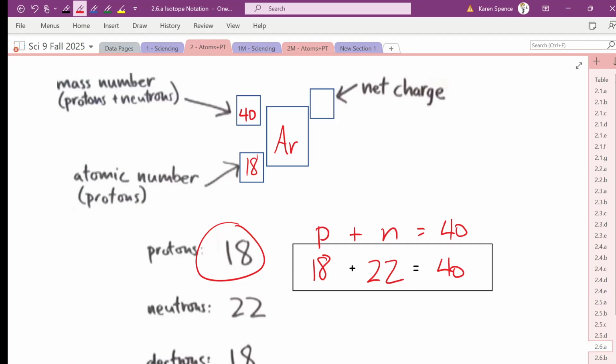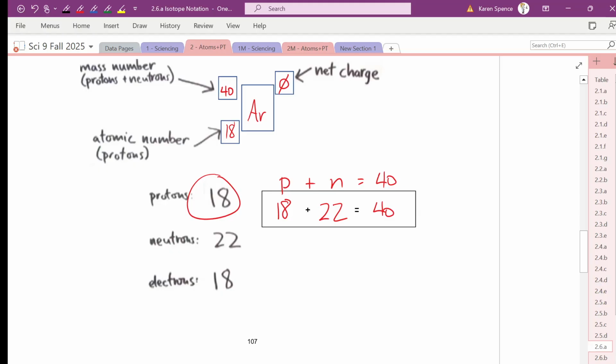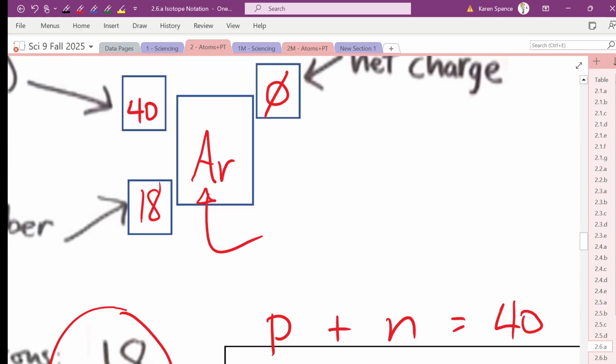Zoe-san, what is our net charge? 0. Why is that? Because the protons and the electrons are equal. Okay, so what that means is, what group does argon belong to?